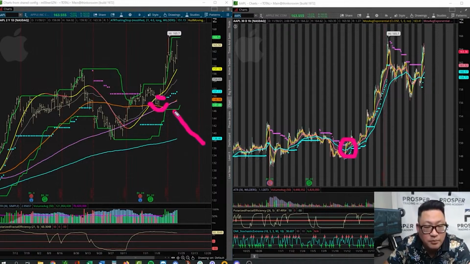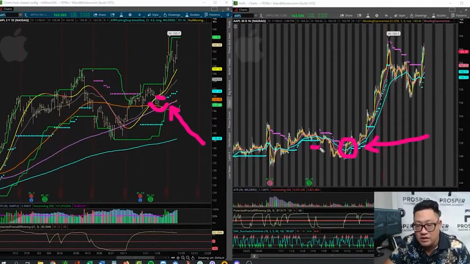So we found pretty strong technical support at that 50 simple moving average, and then we got the bullish crossover sign on that EMA. So you see the process of information here, right? We used information from one indicator on one time frame and cross-referenced that with another indicator on a different time frame, and we're starting to see what I would say suggestively are two bullish signs.